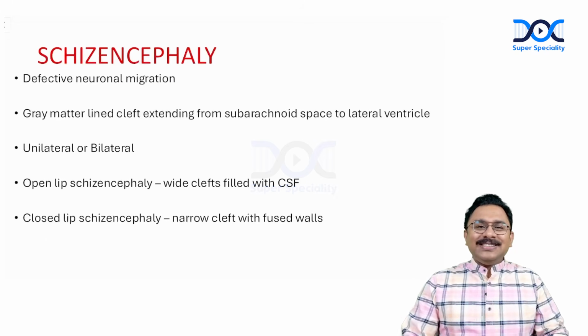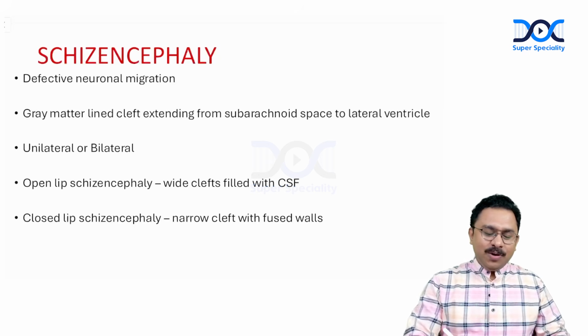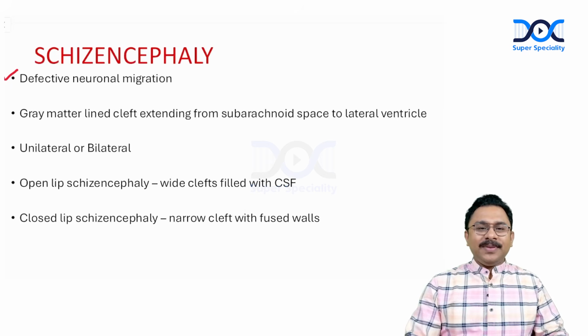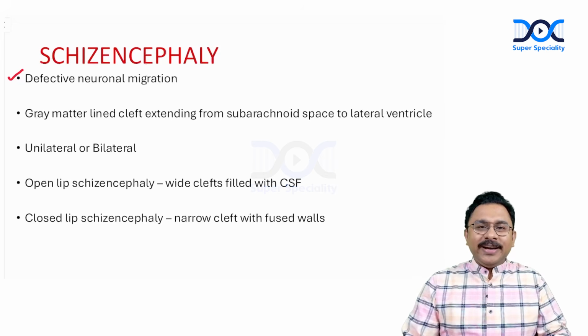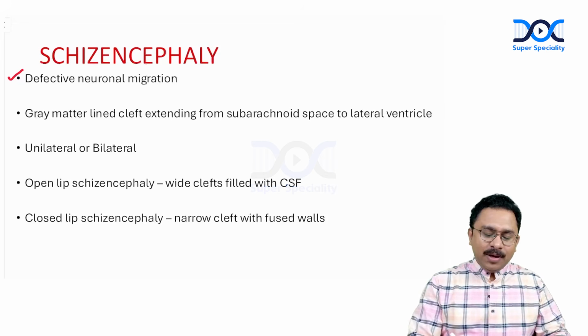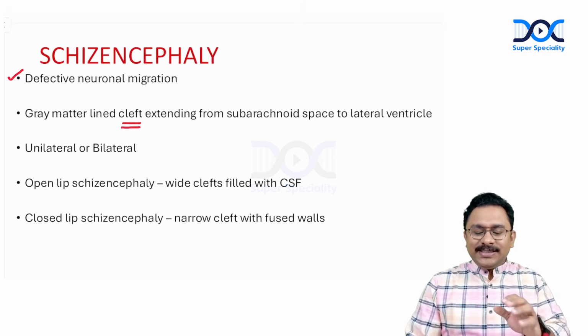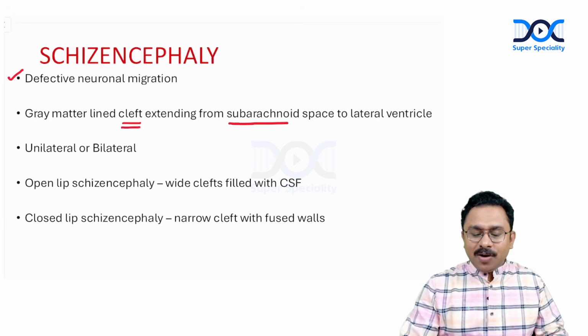A few points regarding schizencephaly, which is also due to defective neuronal migration. And what is the key imaging finding in schizencephaly? You will have a cleft, a gray matter lined cleft, which is extending from the subarachnoid space to the lateral ventricle.